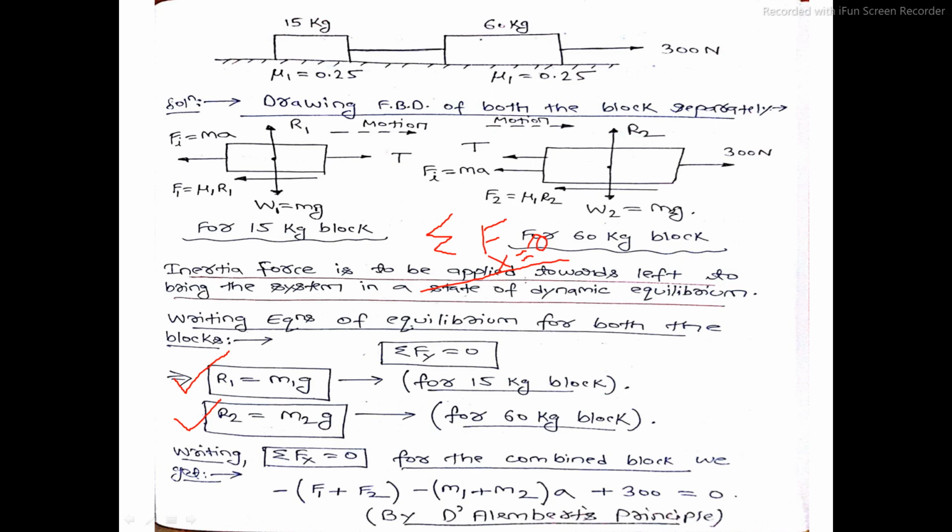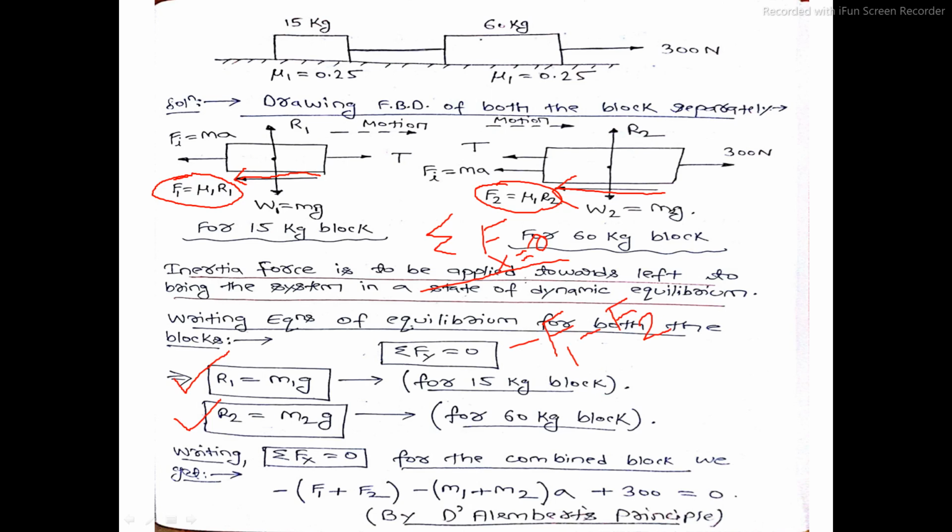The equation will be minus F1, the frictional force. This is the frictional force acting along the negative x direction. So for the 15 kg block, minus F1, minus F2, the frictional force for the 60 kg block. It is also acting along the negative x direction, so I can write minus F2.